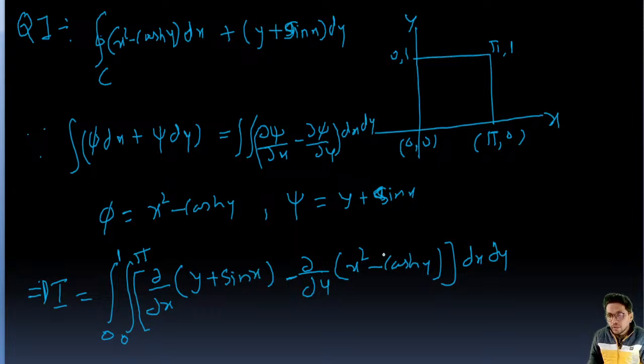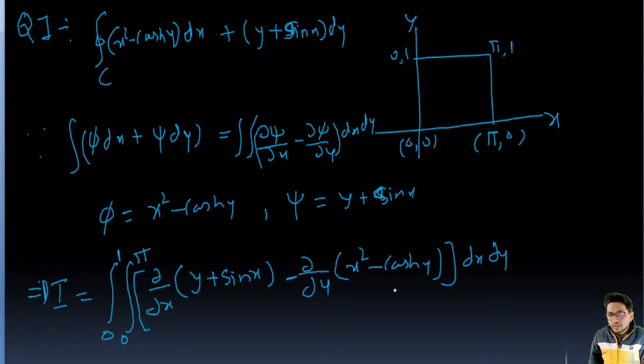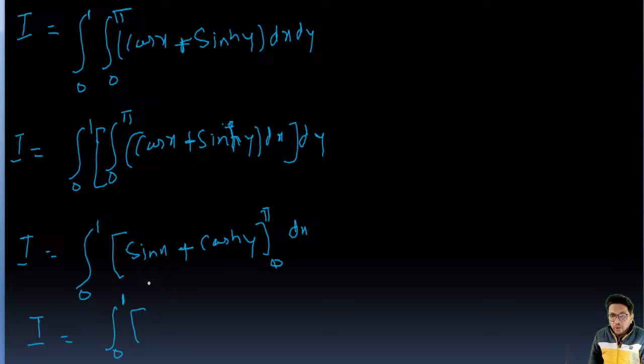This is plus, guys, because minus and minus is going to be plus. So now this value is 0 plus cos hyperbolic y, with pi, and we put the value.